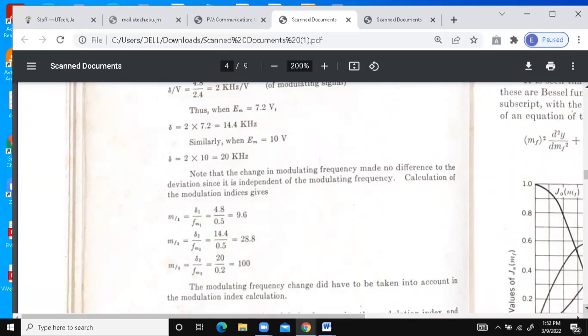We'll get it. We told you 4.8 divided by the 500. You said that, man.